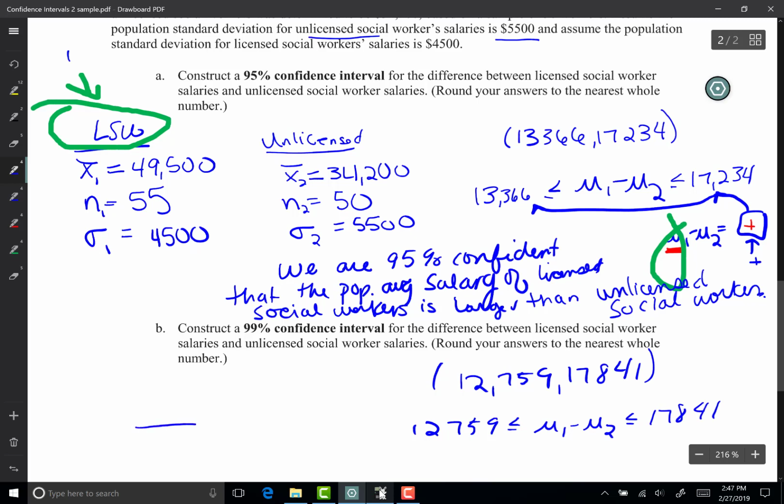I think about this in terms of the area under the curve between these two values. For a 95% confidence interval, when I change to 99, I have to make that area a little bit bigger. So that's why it gets a little larger for 99. Make sense?